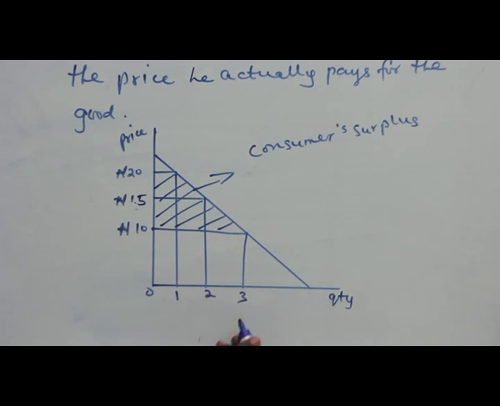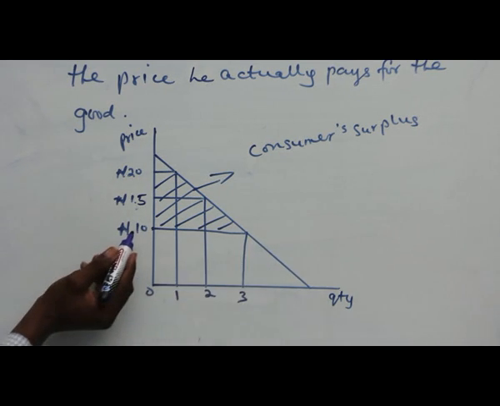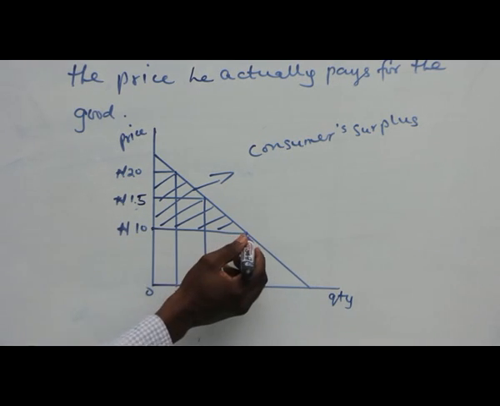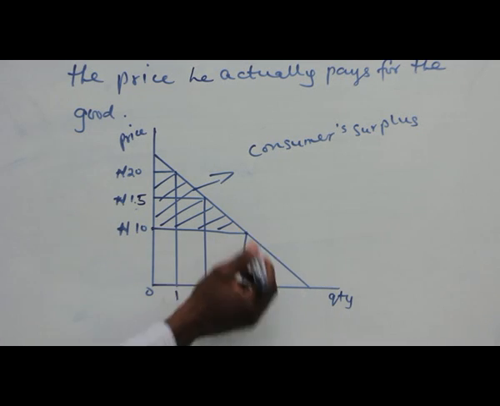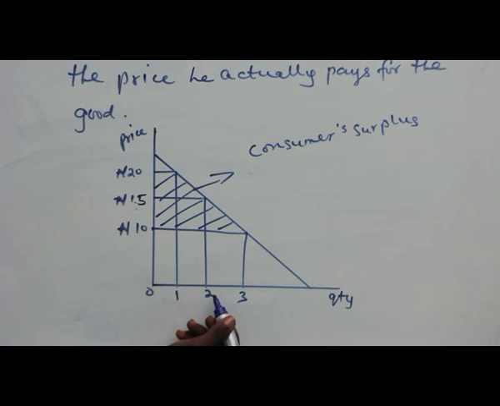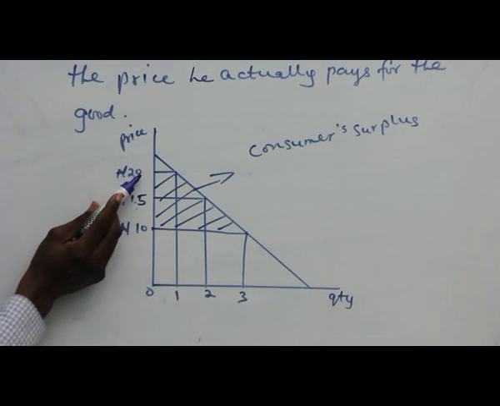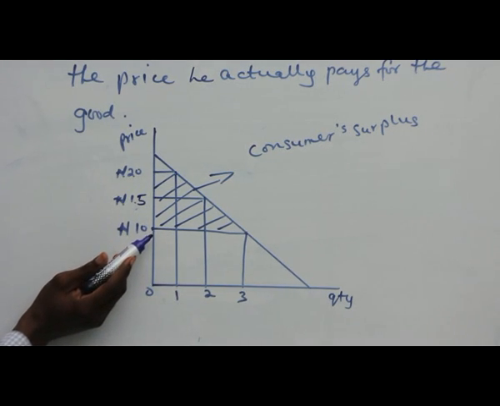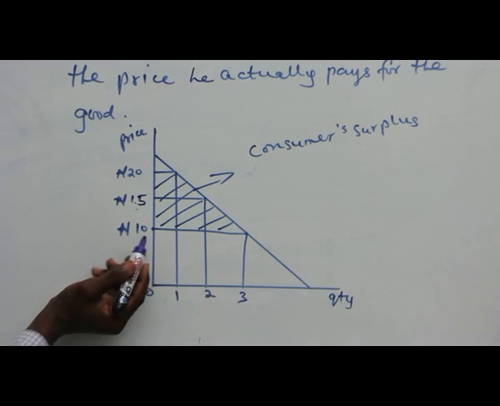Now assuming that he wants to get 3 units of the commodity, and is willing to pay 10 naira, where the seller too is willing to ask him to pay 10 naira. So there is no consumer surplus at Q3. But from Q1 to Q2, the consumer has gained surplus. But at Q3, there is no surplus.